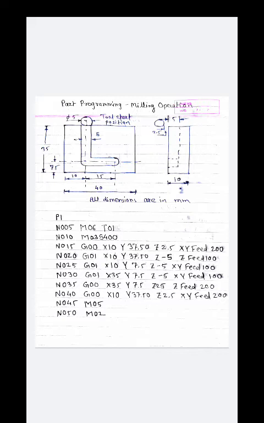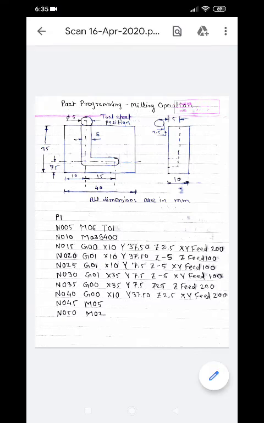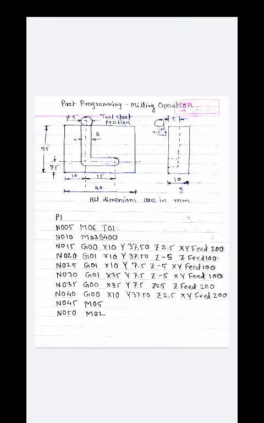Okay, now here if you observe, I have taken directly a 5 mm cut, but here you can do the programming in another way also. If you see the block N020, here I have taken G01 X10 Y37.50 Z minus 5. So instead of this minus 5 you can take minus 1 also.